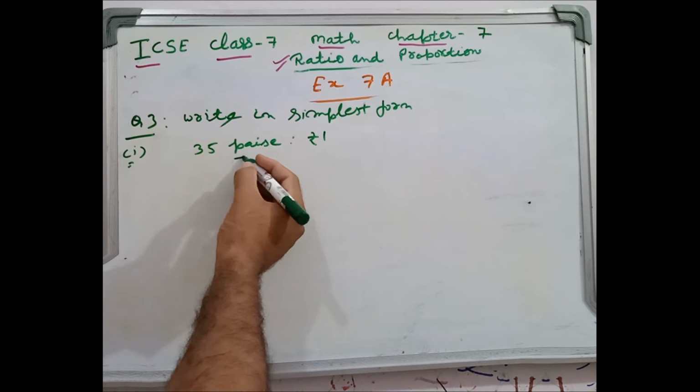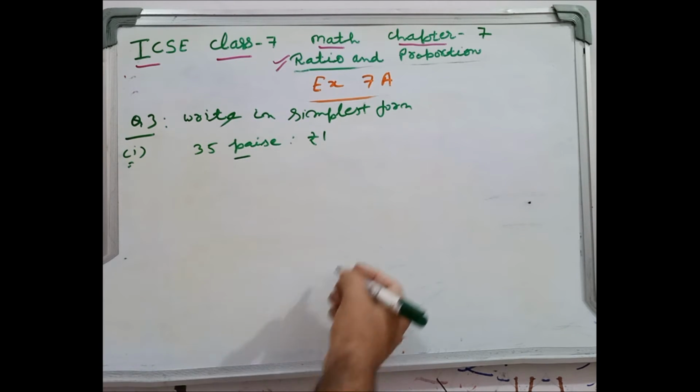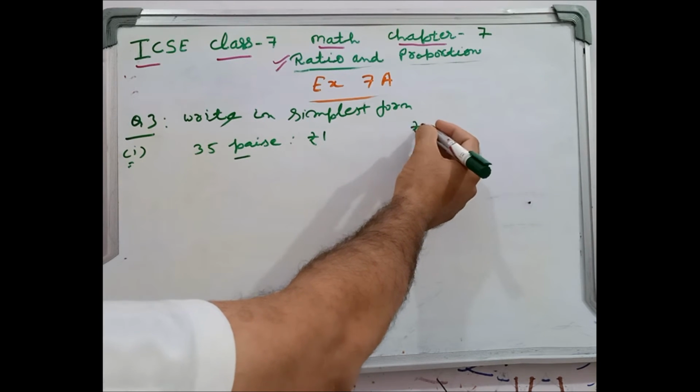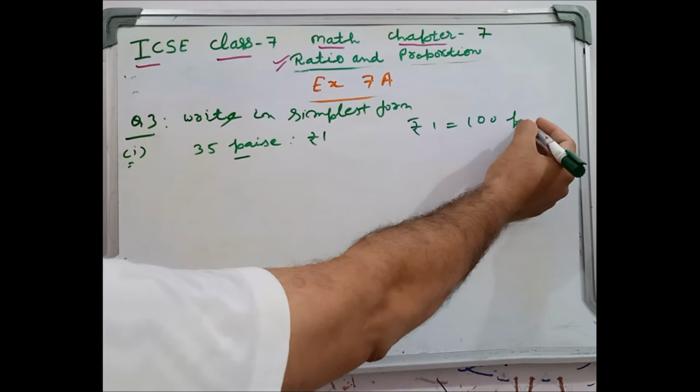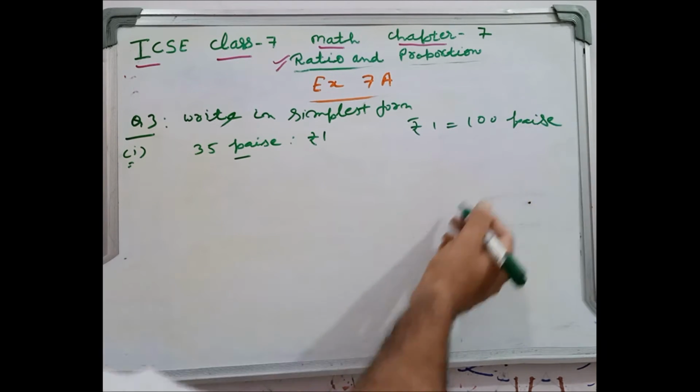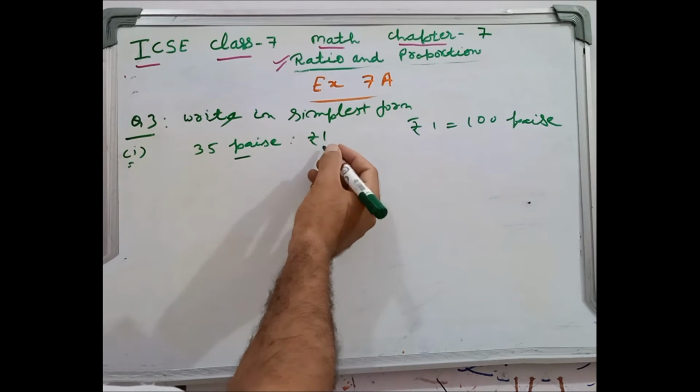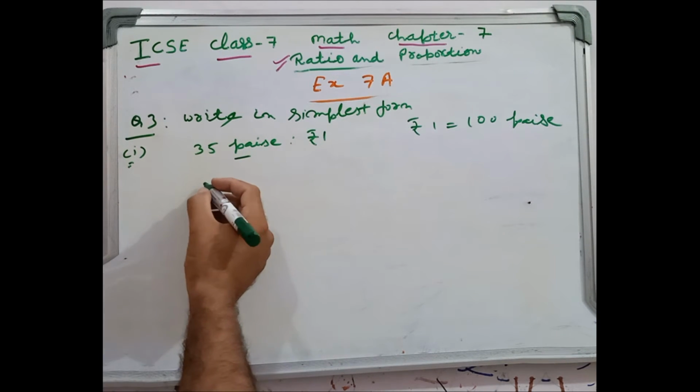So this is paise, this is rupees. We know rupee 1 is equal to 100 paise. So this is 35 paise.